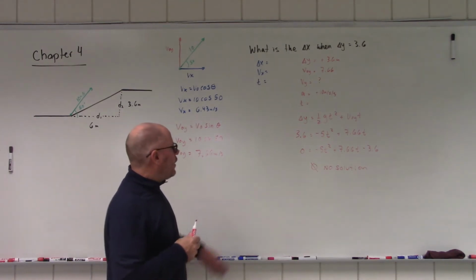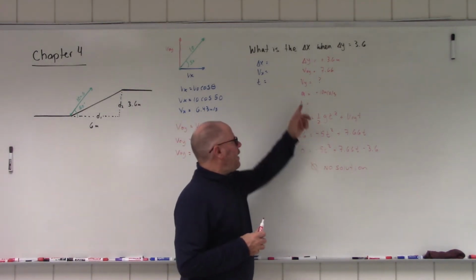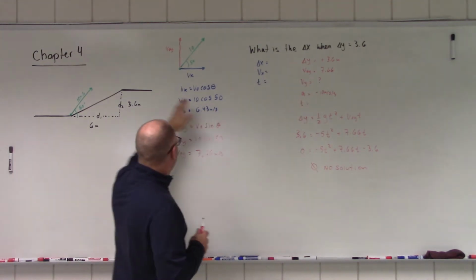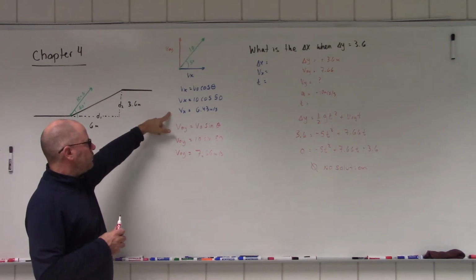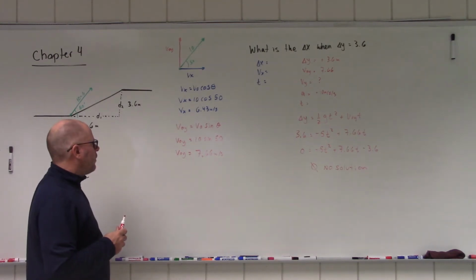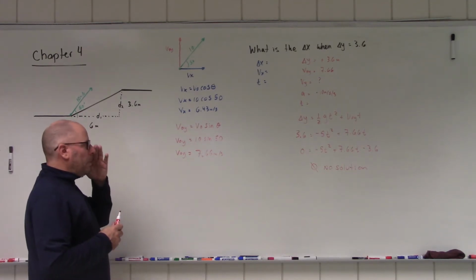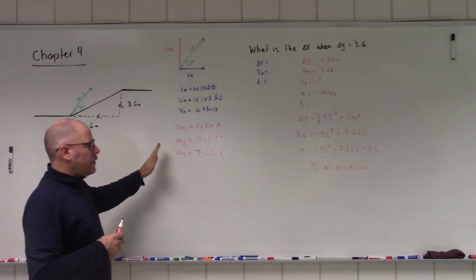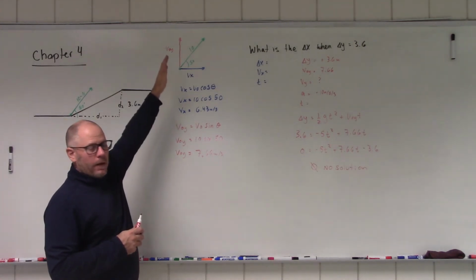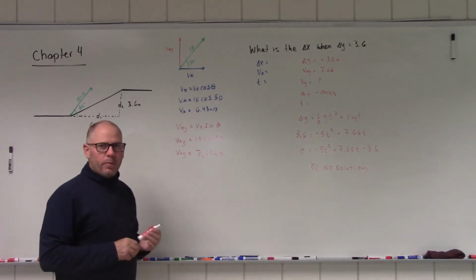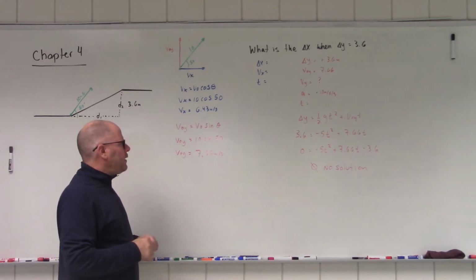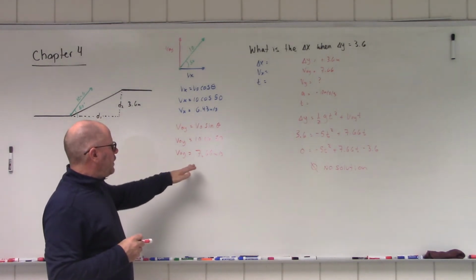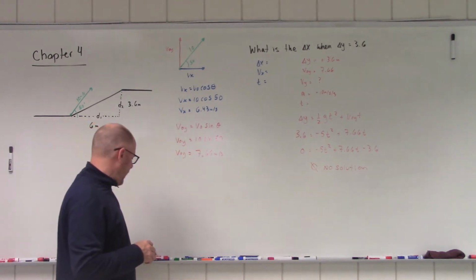It says it's imaginary, which I was a little confused by, but what that means is that the ball actually never gets up to a height of 3.6 meters. Which seems a little weird. How does it never get that high?